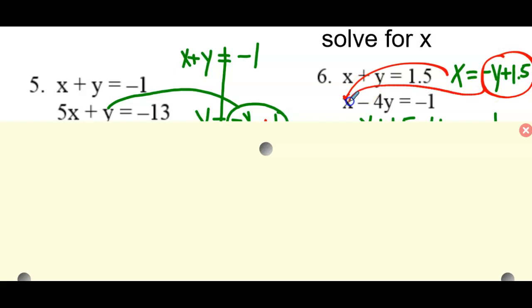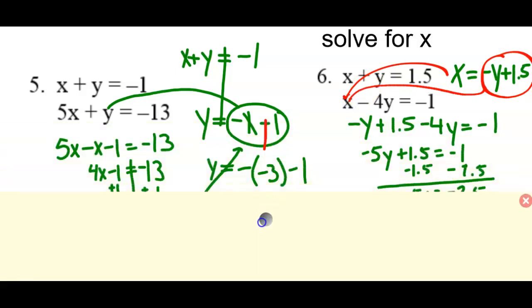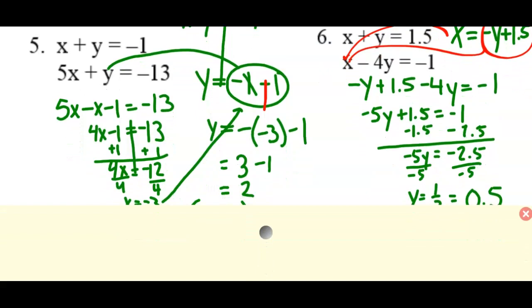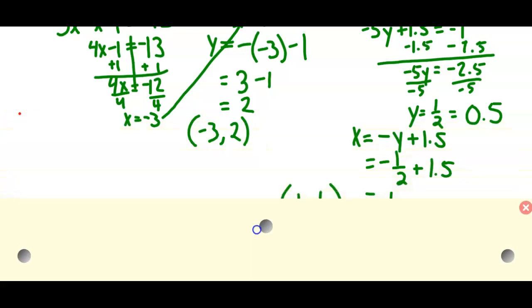And so I'm going to rewrite that and solve, and I'm going to get y equals 1/2 or 0.5.